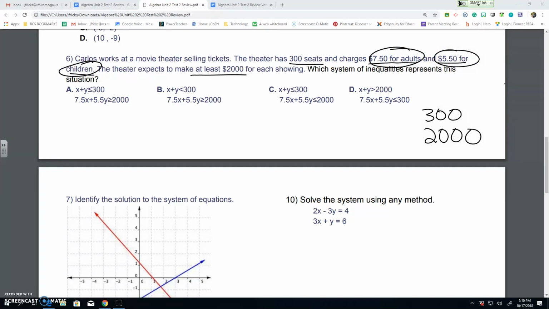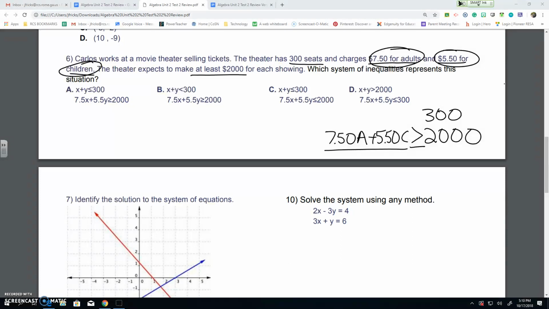So what I'm going to do here is I'm going to say $7.50 for adults, and I'll call adults A, plus $5.50 for children. And we said that it has to be at least $2,000, so whatever this is on this side, it actually has to be greater than or equal to $2,000. And you can put in your own variables for this later.